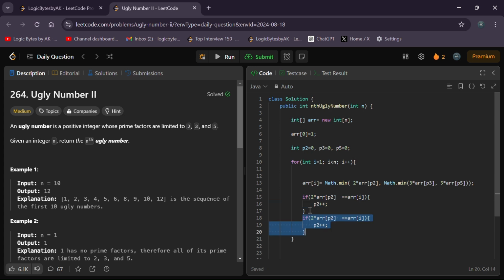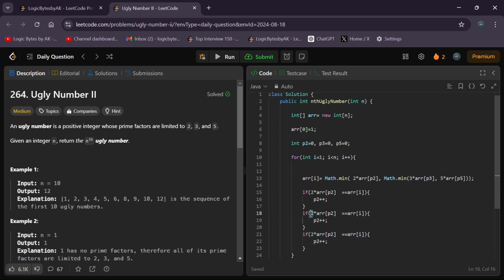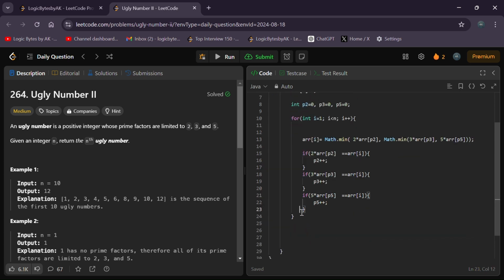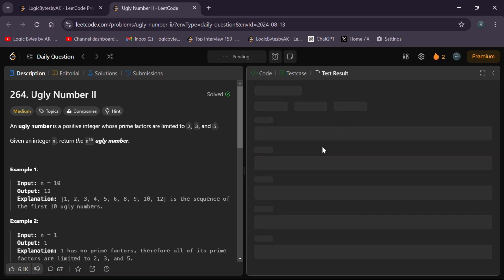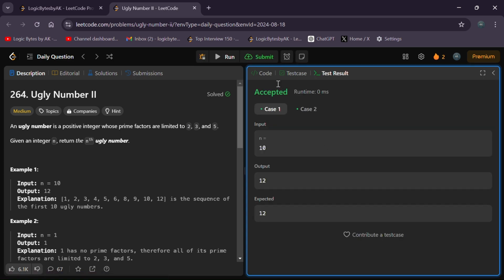Same for 3, we increment the p3 pointer, and for 5 we increment the p5 pointer. At last, after building the array, we return array of n minus 1. I think that's the code. Let me just run it again. Yeah, it works well.